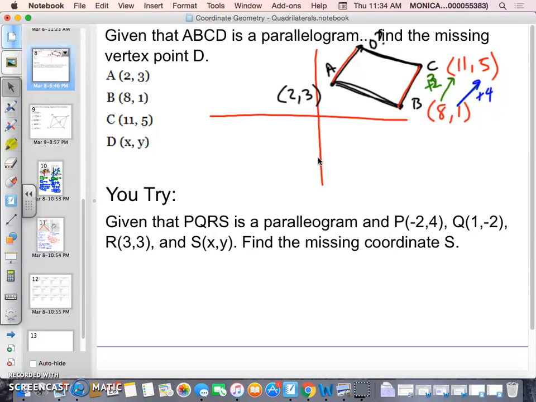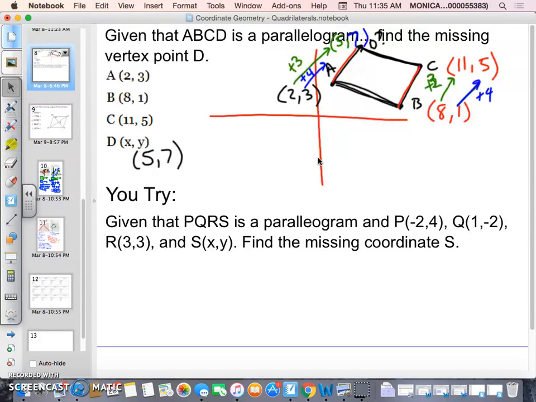So I'm going to go up 3, and 2 plus 3 is 5. And I'm going to go up 4, and 3 plus 4 is 7. So my coordinate for D is at 5, 7.